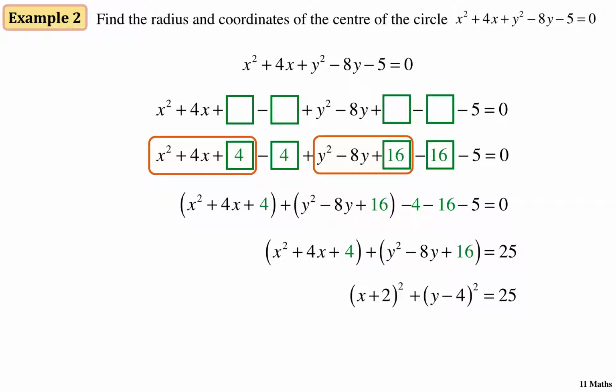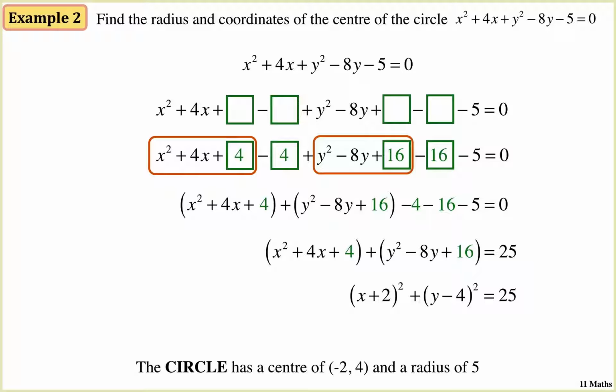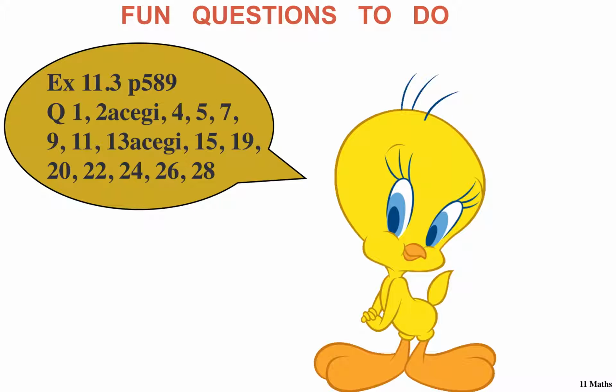We can read the centre and the radius off from that. The centre is minus 2, plus 4, and the radius is the square root of 25, which is 5. So that's how we deal with those types of circle questions. Now it's time for you to do some work.